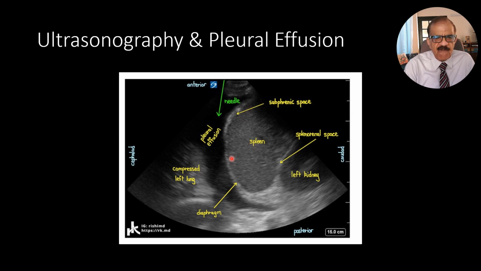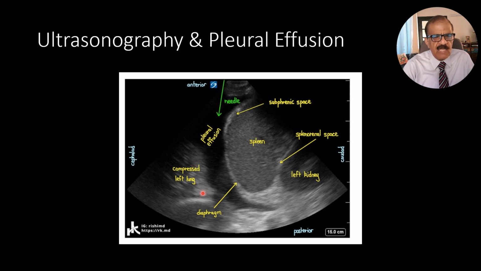But above the diaphragm, there is a translucency, a crescent-like black shadow, and this whole thing. This is the diaphragm, and this crescent-like black shadow is pleural effusion. And this is compressed lung. If there is pleural effusion, it has to push the lung a little up, and that will be compressed.